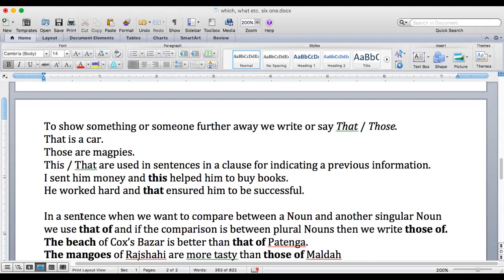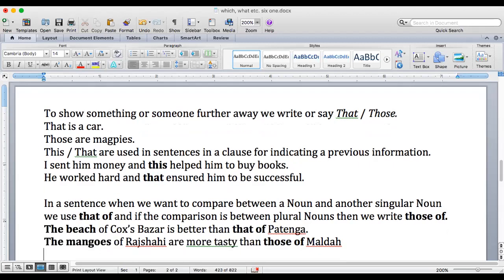In a sentence, when we want to compare a noun with another single noun, we use that of. And if the comparison is between plural nouns, then we say those of. The beach of Cox's Bazar is better than that of Potenga.